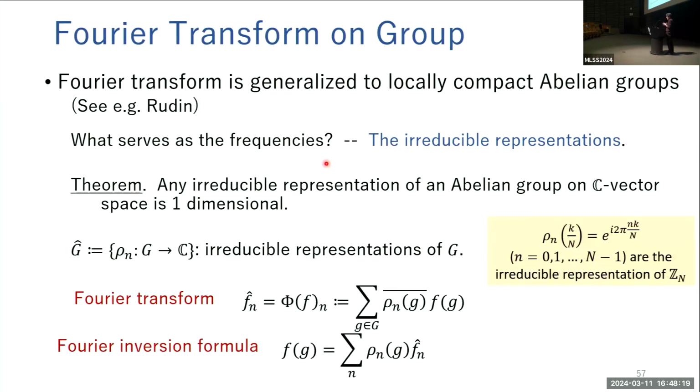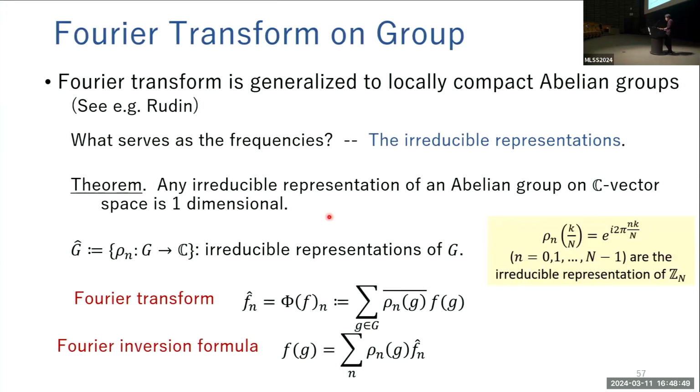In that case, what is our frequency for the groups? That's an important question. Actually, the irreducible representation works as a frequency in the standard Fourier transform. So here is a very famous theorem about the irreducible representation of abelian groups.